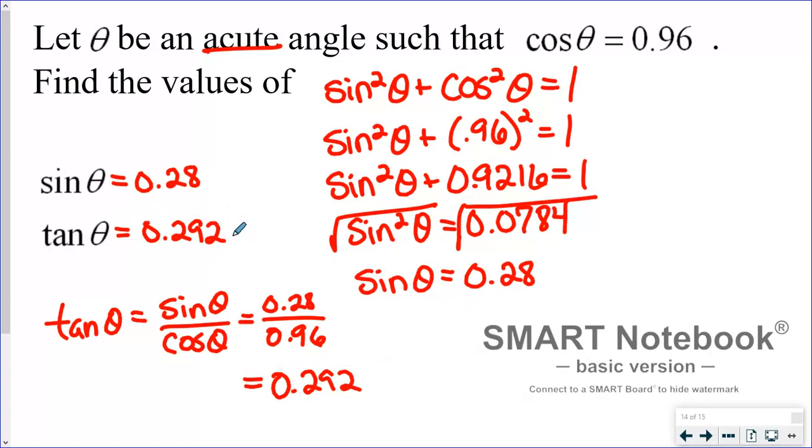And we are done. We have found sine and tangent from just being given cosine.